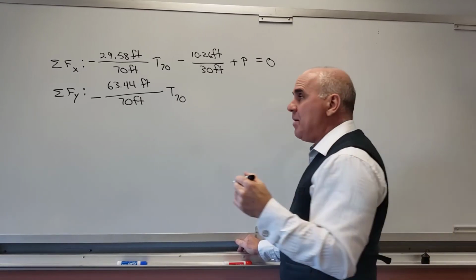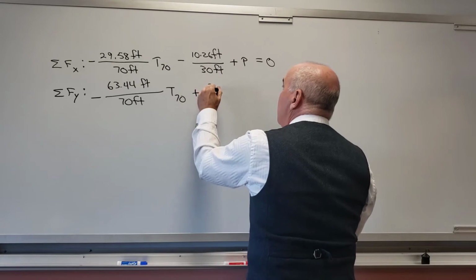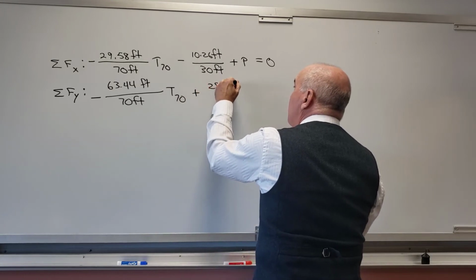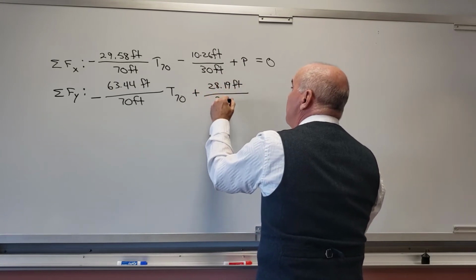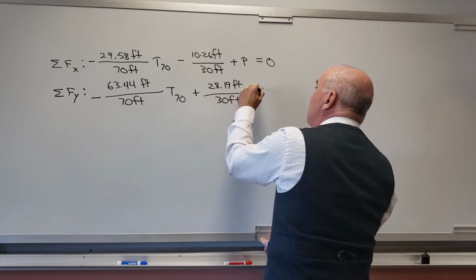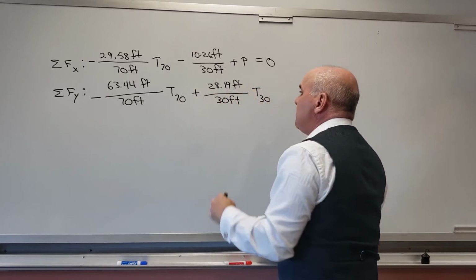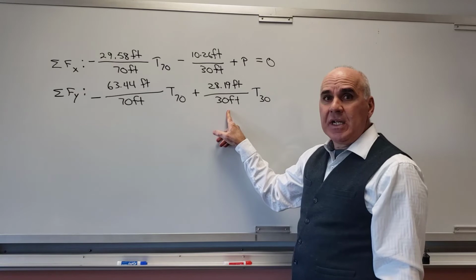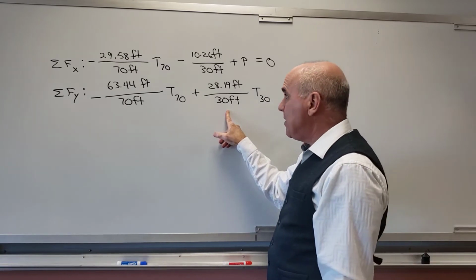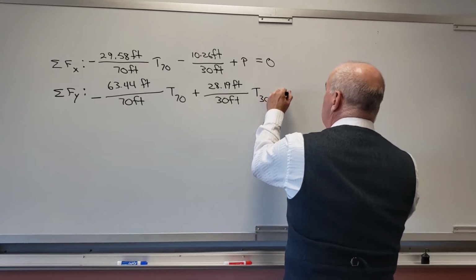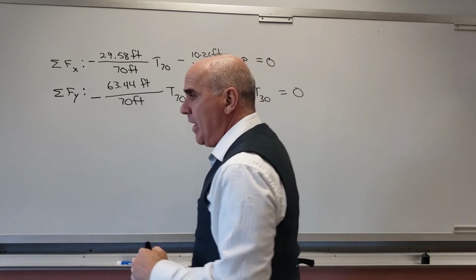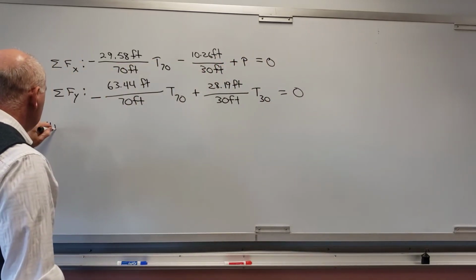And then I had 28.19 feet, and divide that by 30 feet. That was R30, so I multiply that by the tension. So this is now the unit vector component, the x direction or the y direction unit vector, and that's all equal to 0.